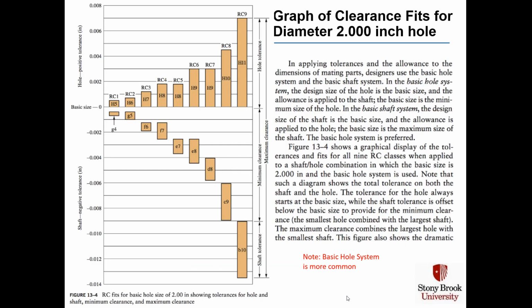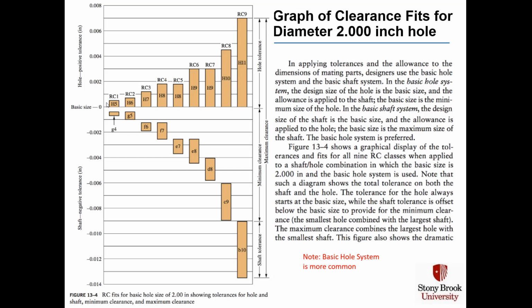Figure 13-4 gives you the RC fits for basic hole sizes of 2 inch, showing tolerances for the hole and the shaft and the minimum and max clearances. And what this chart basically says is that for the RC1 fit, which is the closest running fit, the dimensions that vary from the basic hole size are very small because you don't want the shaft and the hole to differ by very much.